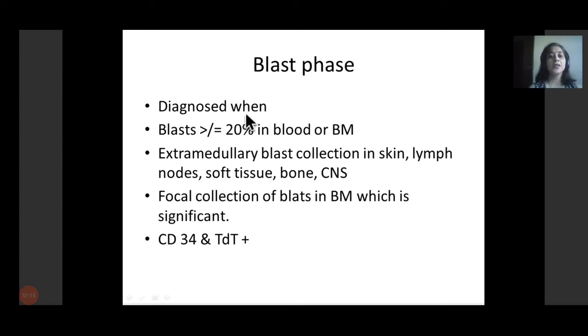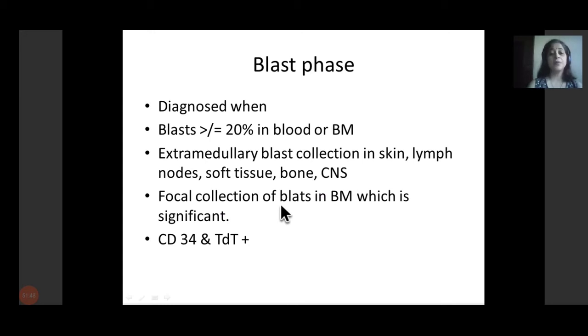The next is the blast phase, and it is diagnosed when the blast percentage is more than or equal to 20% of blood or marrow, or there is extramedullary blast collection in the skin, lymph nodes, soft tissue, bone, and CNS, or there is focal collection of blast in marrow, which is quite significant. That means if we see a very small nodular focal collection of blast and no other cell, this is also very significant, and we can confirm it by doing maturity marker positivity, that is CD34 and TdT.